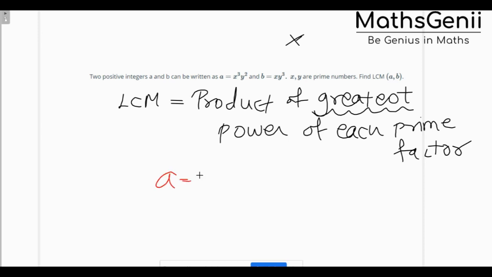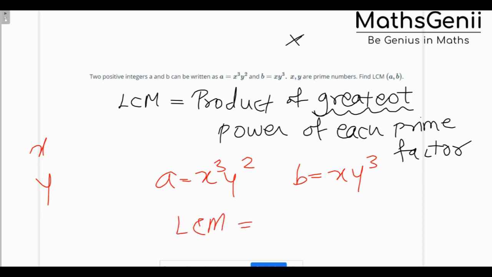See, I'm copying the question here. So there are two factors here, one x and one y. What is LCM? LCM is product of factors. What are the factors? X and y. But we need to write the highest degree. Look at the question.